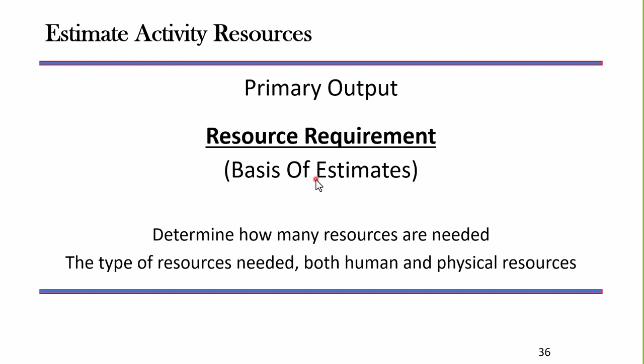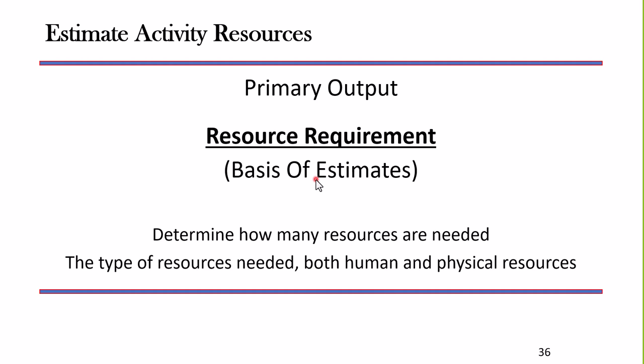What types of resources and what quantities are needed. And as I said, we may actually do some what-if analysis as we are estimating activity resources, so that we can optimize our cost later, and perhaps optimize our duration estimates, the schedule for the project itself.